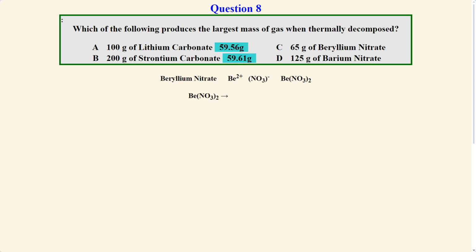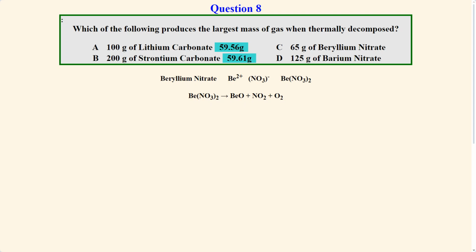Now, when we heat up a nitrate, such as beryllium nitrate, it's going to thermally decompose into the oxide and also nitrogen dioxide and oxygen. So those are the products we get. The nitrogen dioxide and the oxygen are obviously the gases.